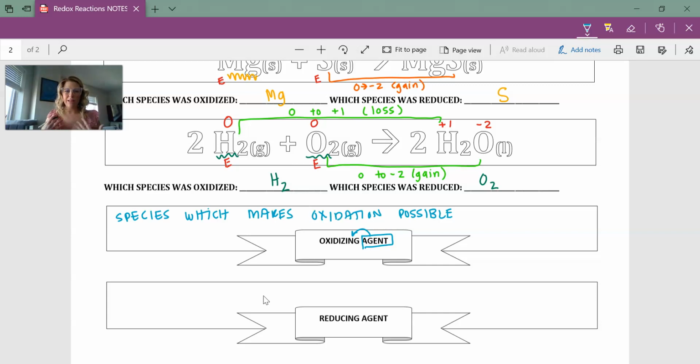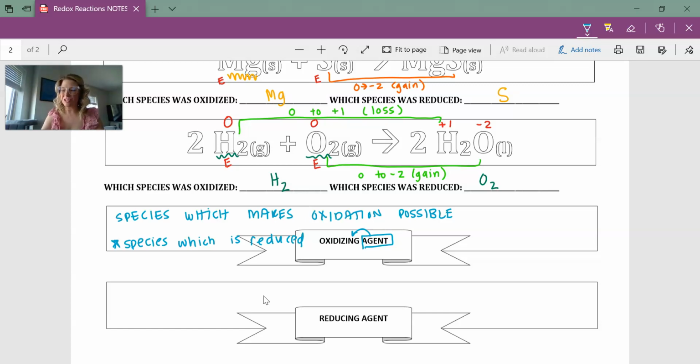There has to be somewhere for that species to lose them to. And this is where things get a little crazy, my oxidizing agent is actually going to be the species which is reduced. So in our reaction above, hydrogen cannot be oxidized without oxygen taking its electrons.